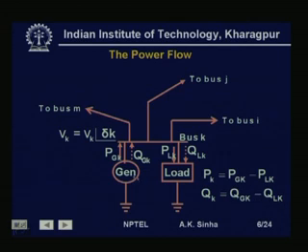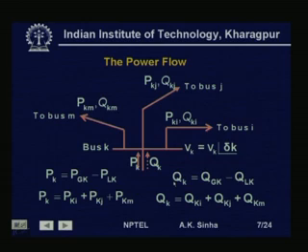So, this can be shown in this diagram: instead of writing generation and loads at the bus bar, we are now talking about injection into the bus bar. If we have a load bus, then there is no generation at that bus. So, what is going to be the injection?